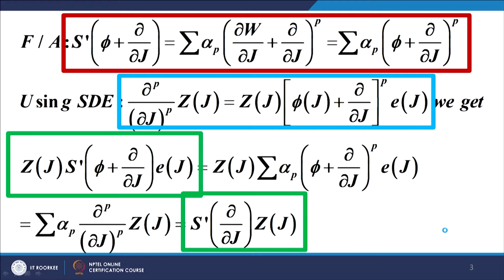In other words, for every term of the expansion of the derivative of the action, this expression in the blue box would hold. For every term of the power series expansion of the action's derivative, which is the third term on your red box, the blue box equation would hold.